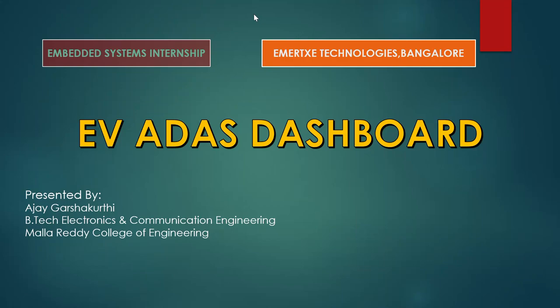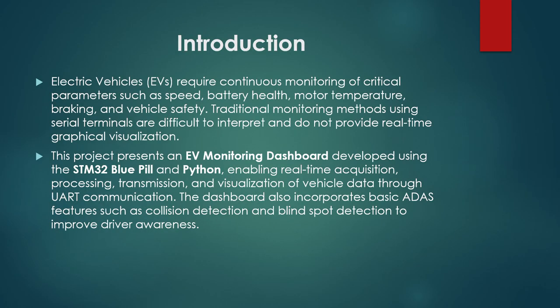Today I am going to explain my project at Emertxe Technologies titled EV ADAS Dashboard. Nowadays we are seeing electric vehicles becoming popular because they are environmentally friendly and energy efficient.